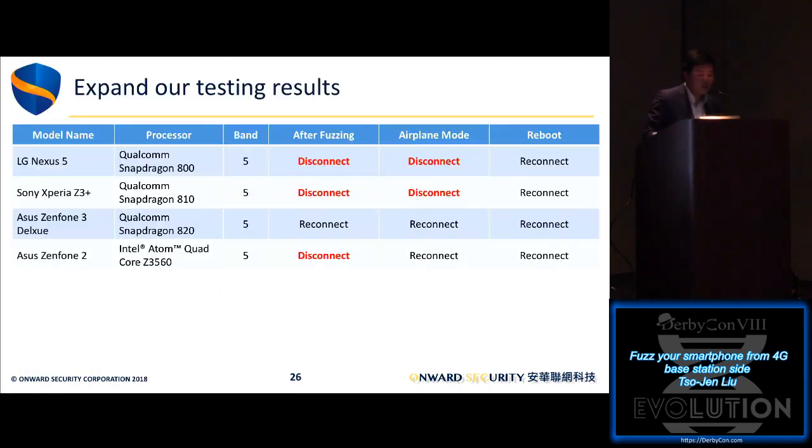We also expanded our testing research to different cell phones like the Sony Xperia Z3, Asus Zenfone 3 Deluxe, and Asus Zenfone 2. We found another one, the Sony Xperia Z3 Plus. They use the Qualcomm Snapdragon 810. We also have the same vulnerability on it. The Asus Zenfone 2 uses another processor, and it has the same situation.